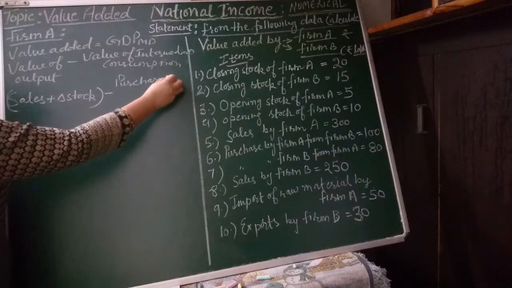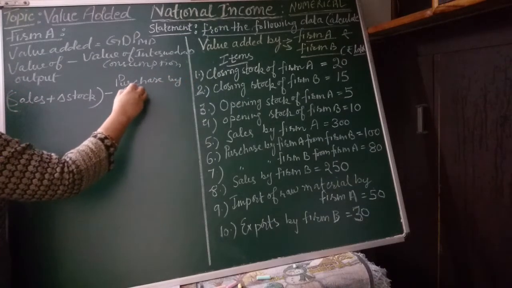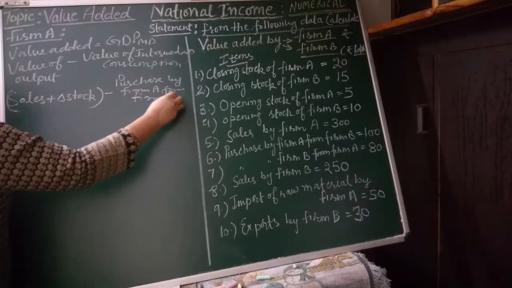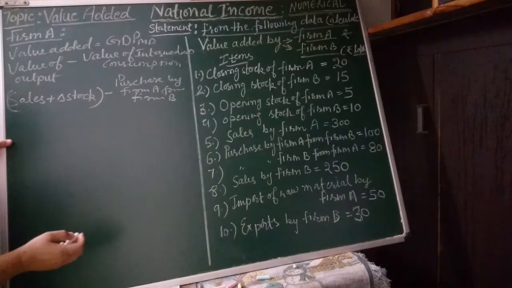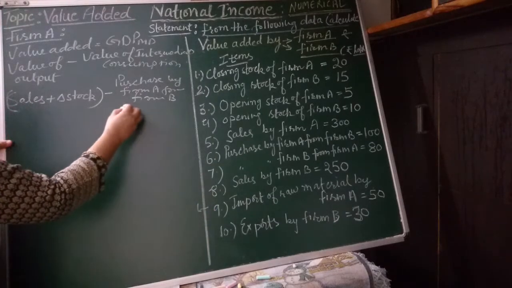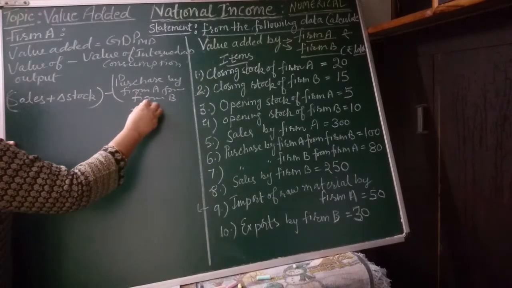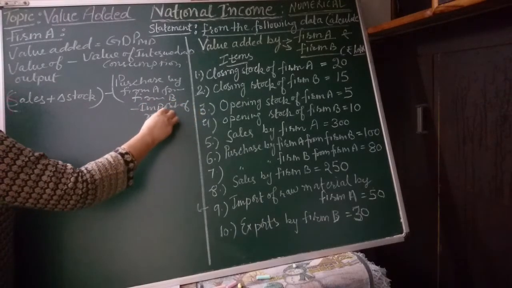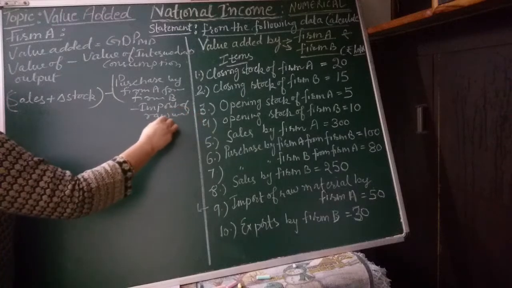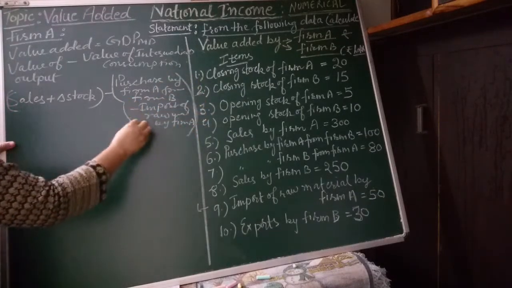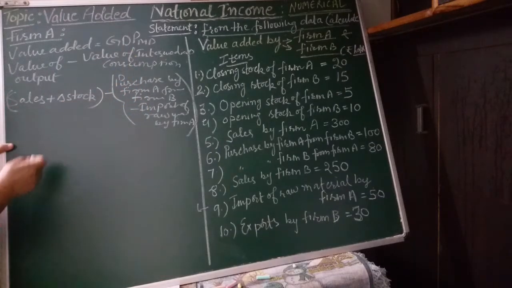One another component of value of intermediate consumption is given, that is import of raw material by firm A. That would also be a part of value of intermediate consumption.